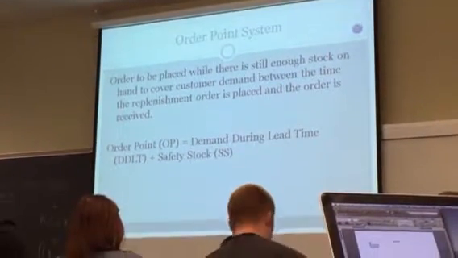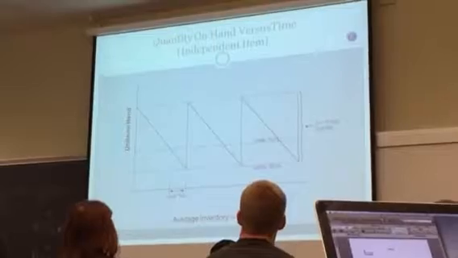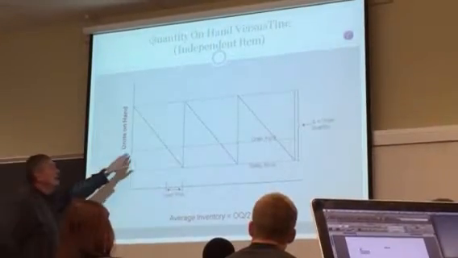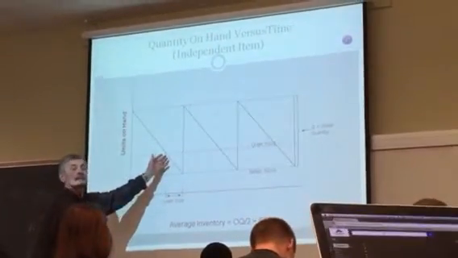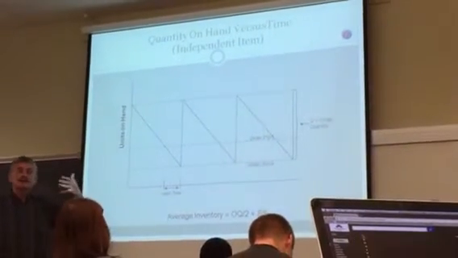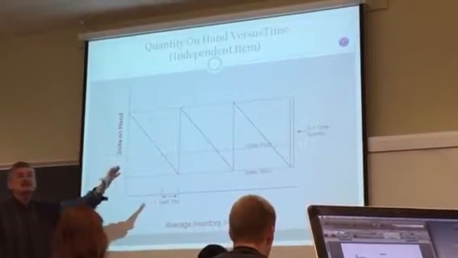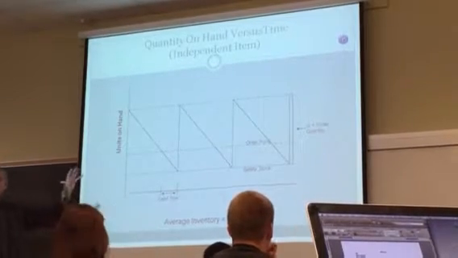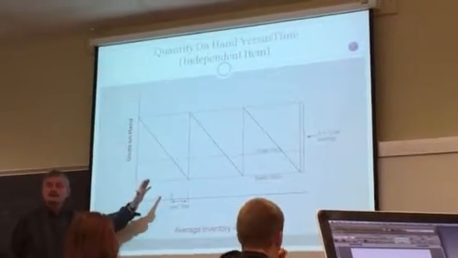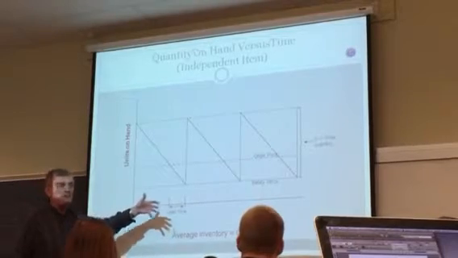Order point. Same sawtooth diagram. We've got an order point, it's the tripwire. When you achieve that, if it's a computer system, as soon as your balance on hand hits that number, it kicks out a replenishment message. It says, hey, item XYZ is at reorder point.